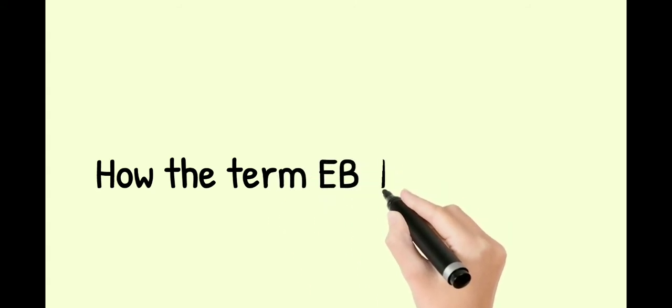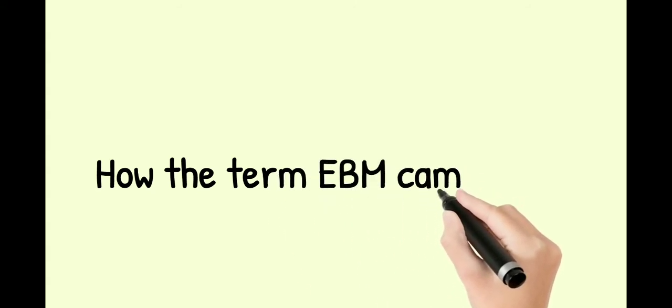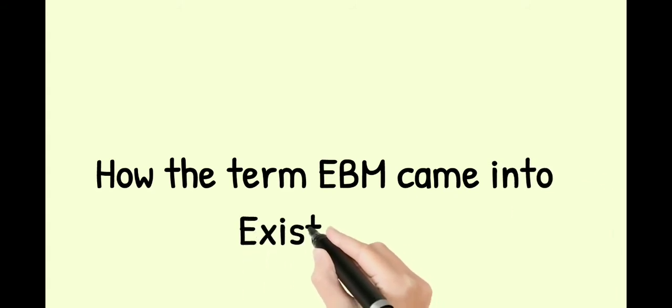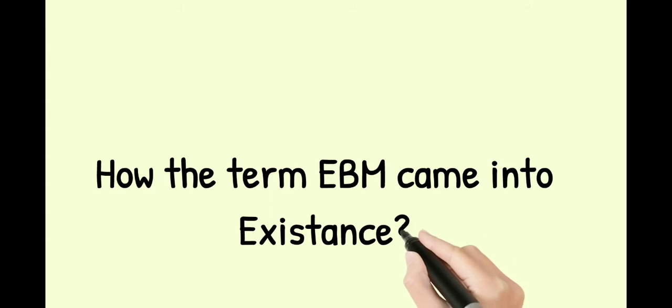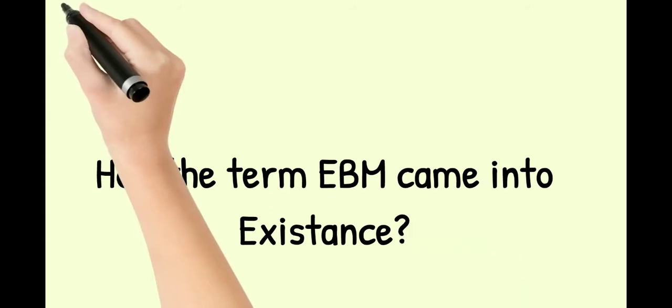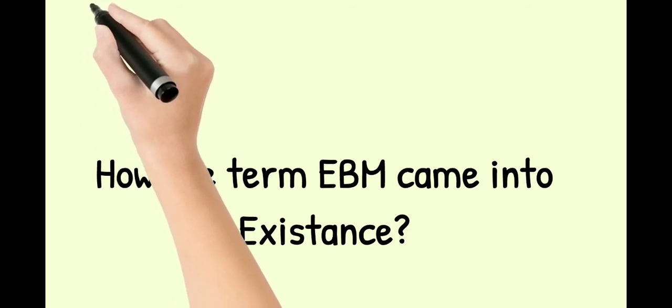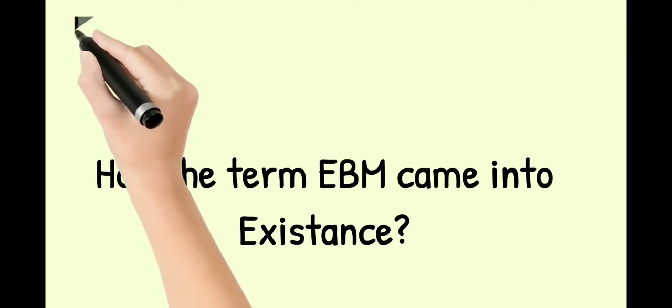The first question is how the term EBM came into existence. It's written in the book that traditionally medical practice was based on pathophysiological mechanisms of the disease and the experience of authoritative experts.